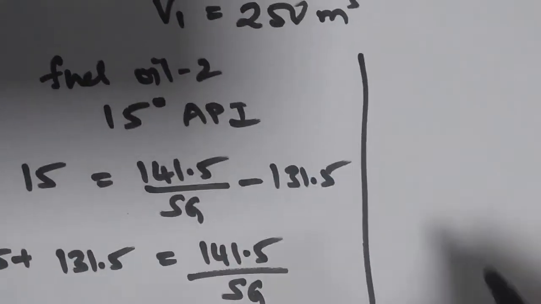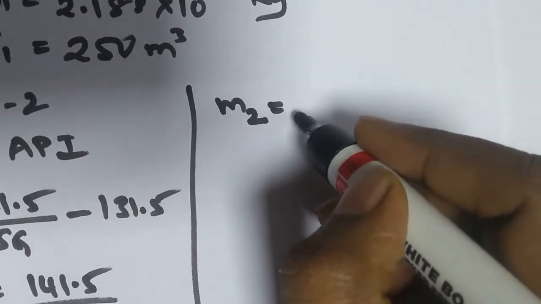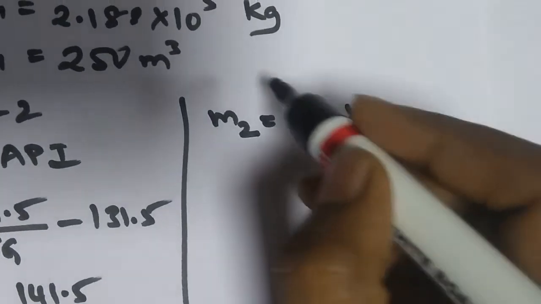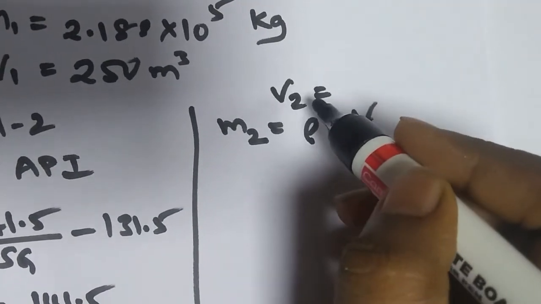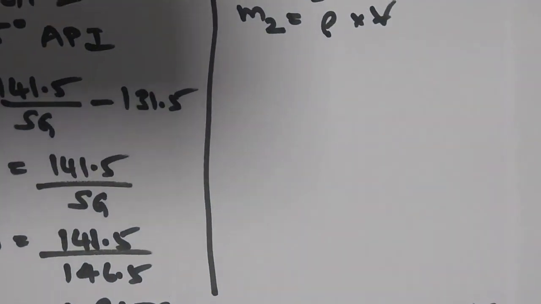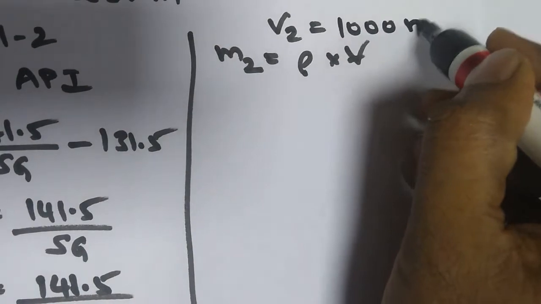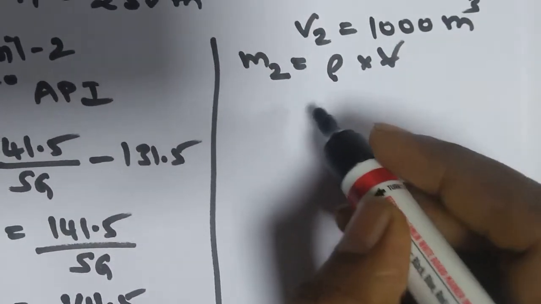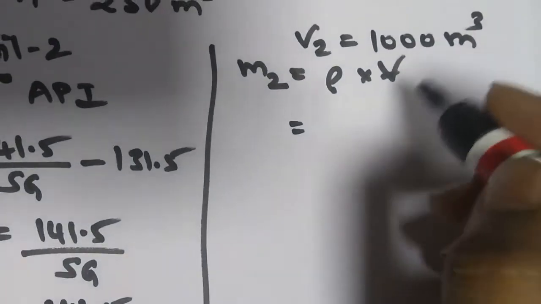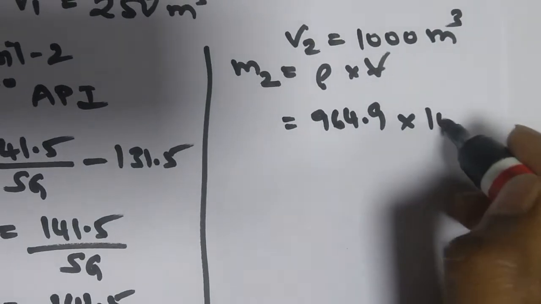Okay, so we have determined the density, so you can find out M2 also, that is the mass of the fuel oil. Mass is equal to density into volume. What is the volume given here? V2 is given as 1000 meter cube. So M2 is equal to 964.9 multiplied by 1000.